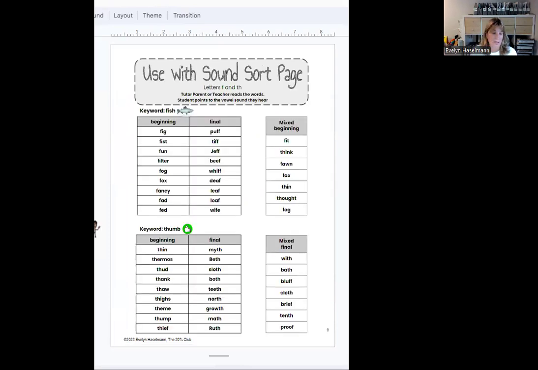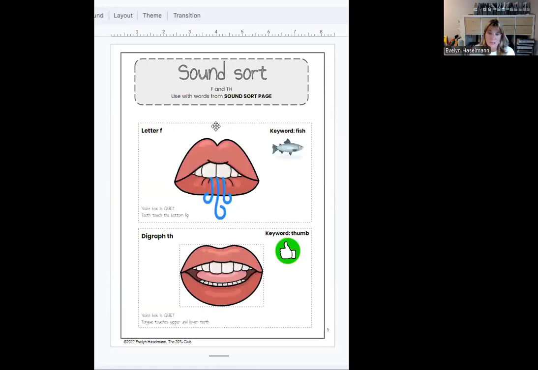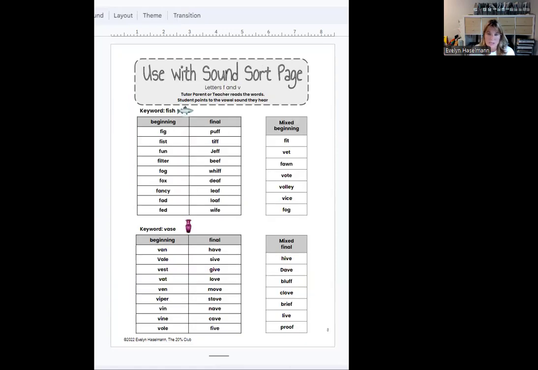Obviously, this is going to align closer to a level. No, it's not. This is something where the tutor, the parent, or the teacher will read the words and the student points to the sound that they hear. So if I said "fig" at the beginning, the student would point to the F or the TH. So I just want to check and see.